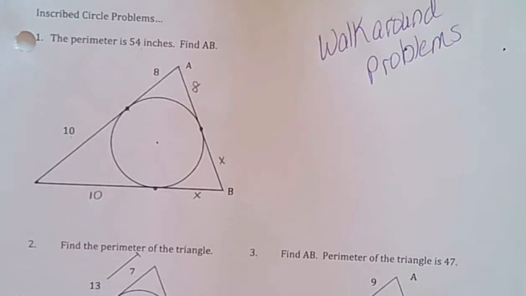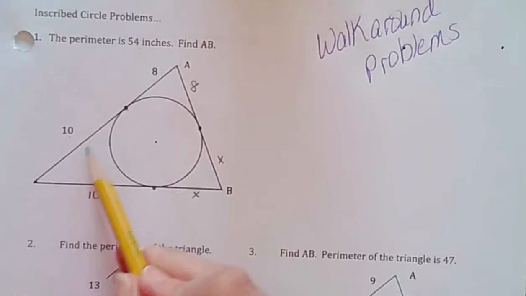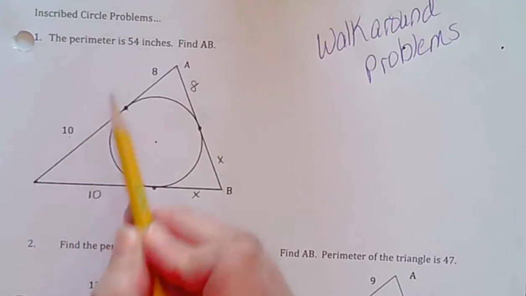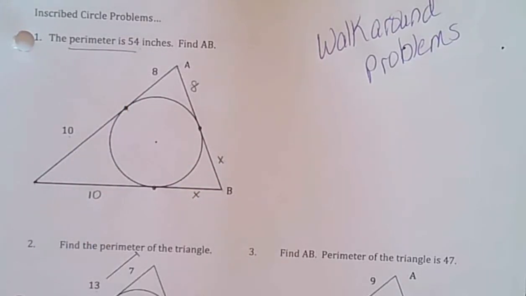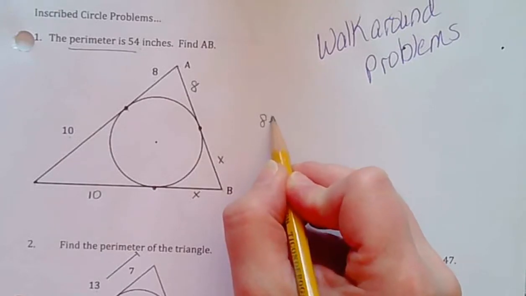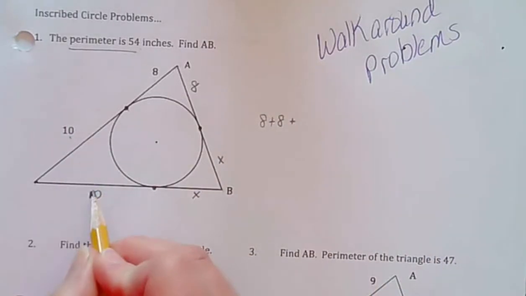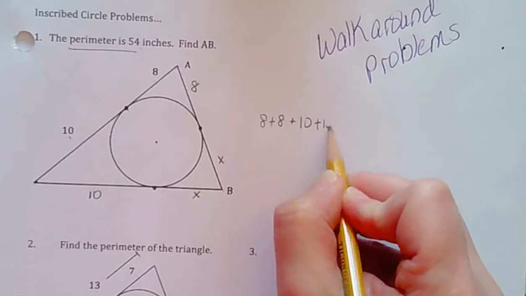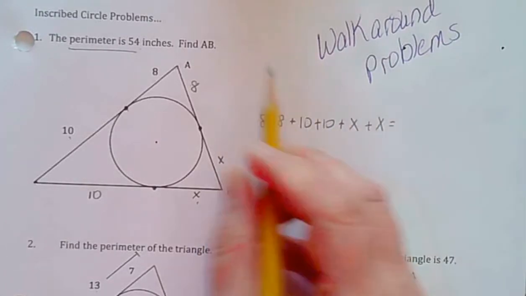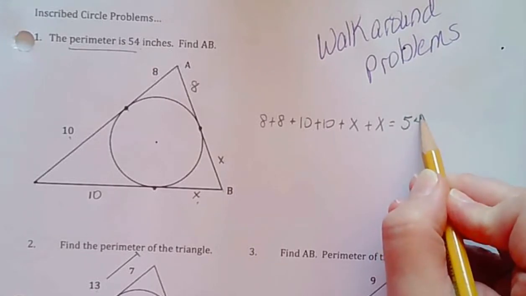So here is x. Now we have all of the pieces that make up the perimeter of this triangle, and the perimeter is 54. So we can write a great big long equation. We'll have 8 plus 8 plus 10 plus 10 plus x plus x, and that is all equal to 54.